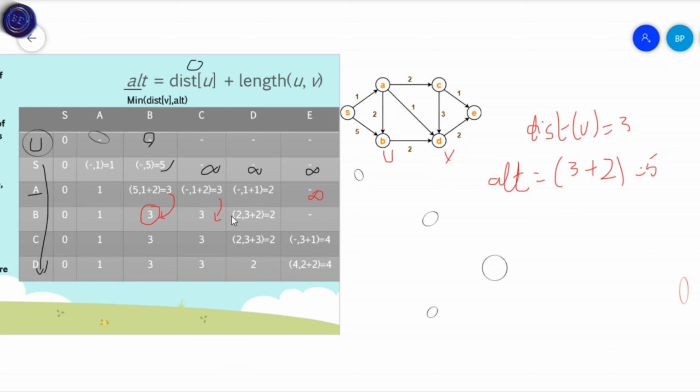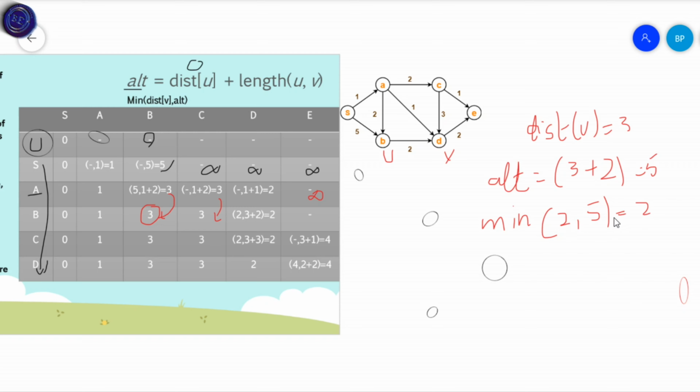We are going to find the minimum value of alt and the distance of V. Actually the distance of D is 2 and the alt is 5. So among these both, 2 is the minimum.